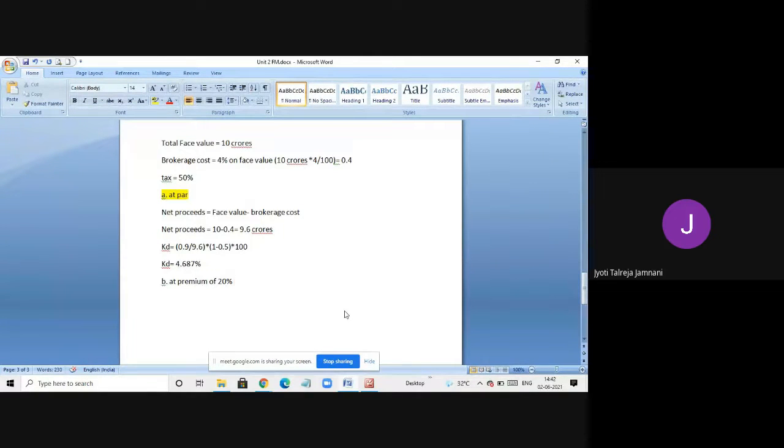We'll find the net proceeds: face value plus premium. I'm writing it again and again so that you can revise it. After a few sums, I may not write it. We may directly take the amount, but at least for a few sums, minus brokerage cost.